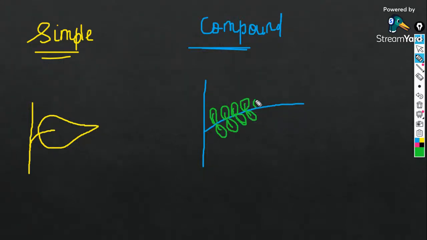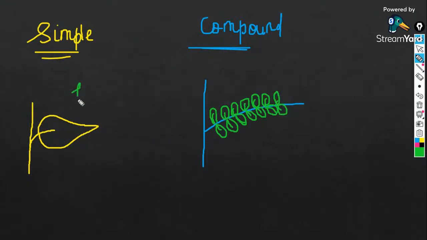There would be a long axis in the center, and on either side of the axis, you will find leaves like this. Yes, very good. It is the neem plant, curry leaves, silk cotton, etc. You will find leaves arranged like this.